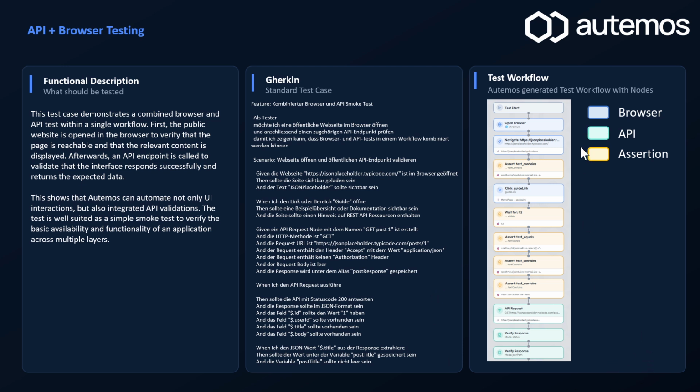It has some browser interactions, some API interactions, as well as some assertions. Also, it has assertions within the verify response. So, for example, in this case, we open a browser, we go to the JSON placeholder page, we verify some information there, we click, and again verify some information.